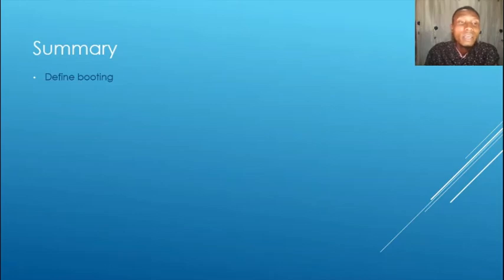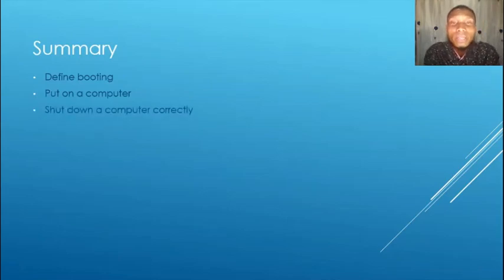And next, we talked about the steps on how to put on a computer. And finally, we talked about the steps on how to shut down a computer correctly. Remember, in shutting down the computer, you don't press the power button directly. What you do is to go through the steps. So in doing that, you keep your computer safe.